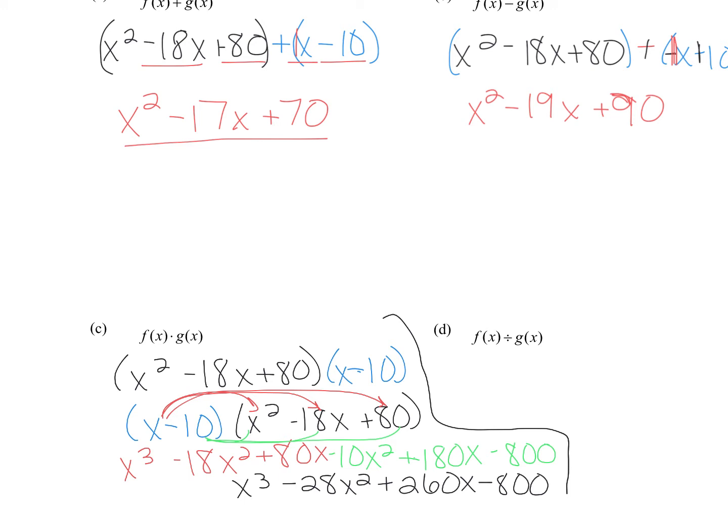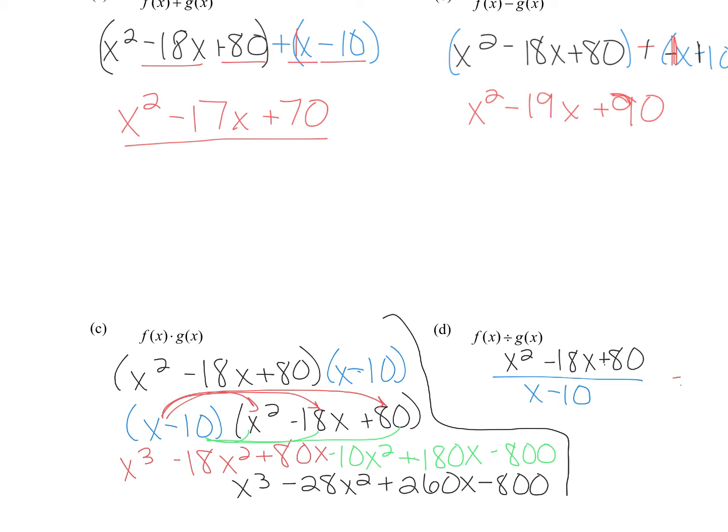The next one says division, so I'm going to take f of x and divide by g of x. Now, this is f of x divided by g of x. I know it's not necessarily clear what's the best way to write it. If I was going to graph it, that would definitely work.